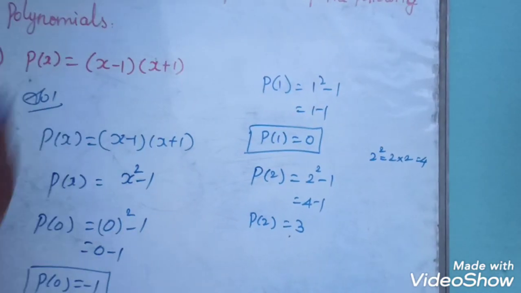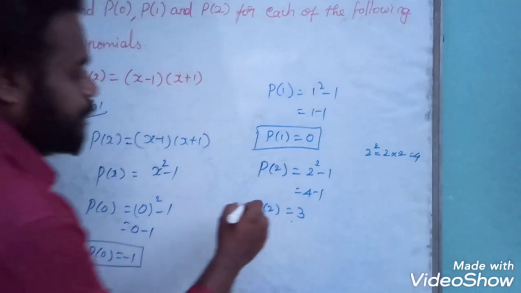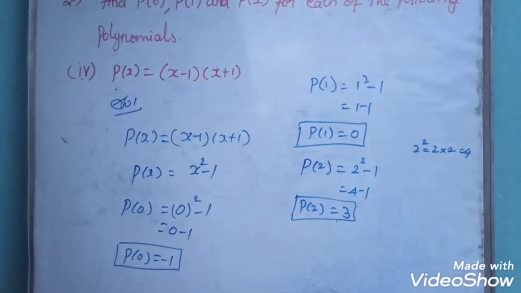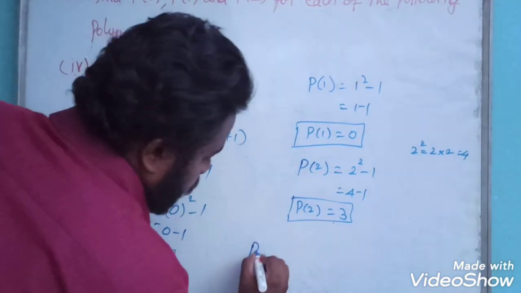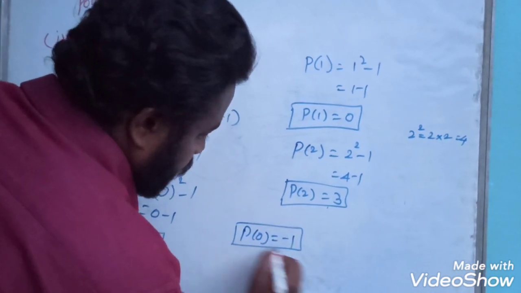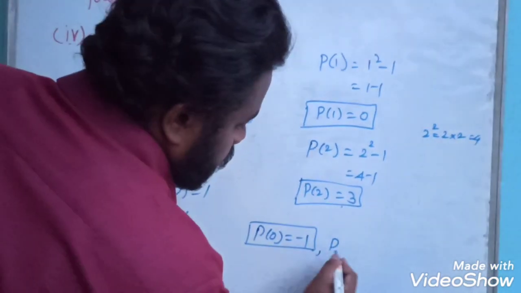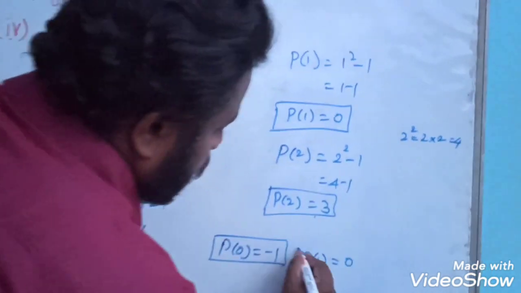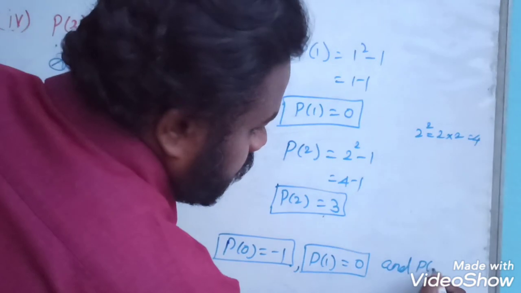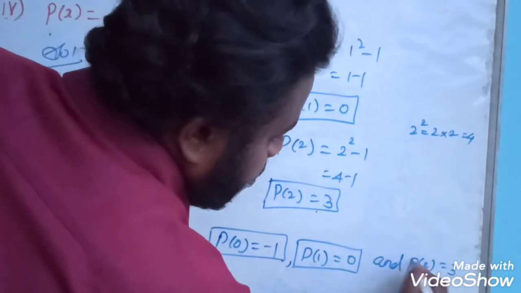So in this expression also we get 3 values, where we substitute x as 0, 1 and 2. P of 0 we get minus 1, p of 1 we get 0, and p of 2 we get 3.